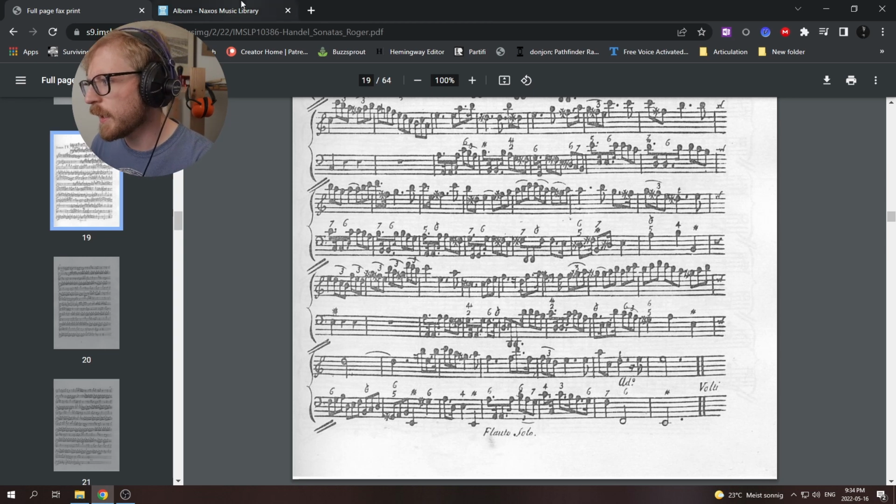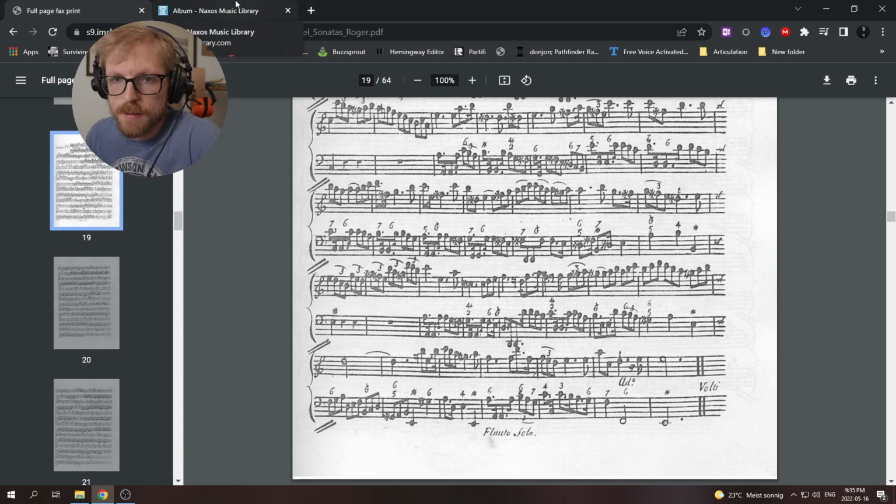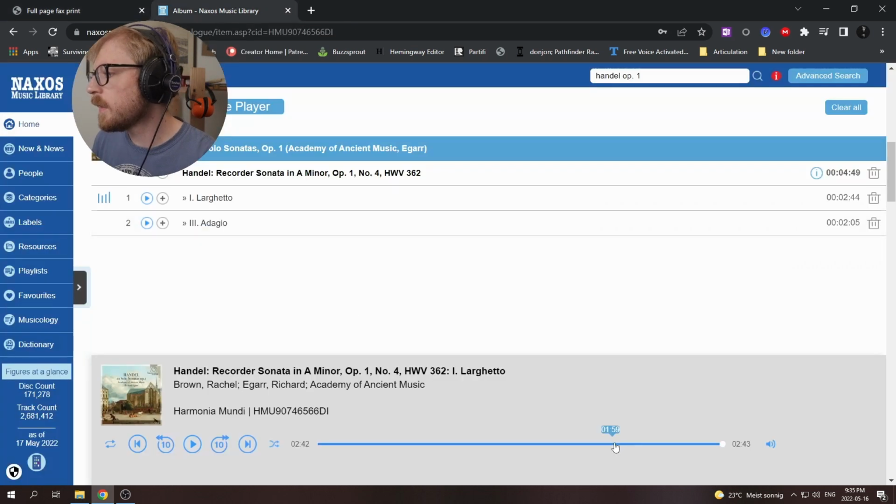Let's listen one more time to that. But you can hear that obviously from basically the pickup to that bar, to the bar with the Adagio, which is actually written later, the Adagio comes from the pickup there, or the cadenza, the cadence.